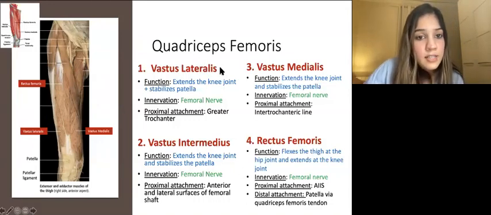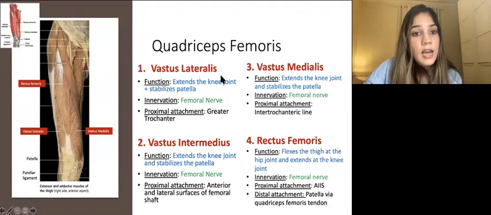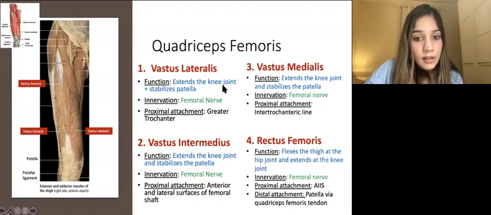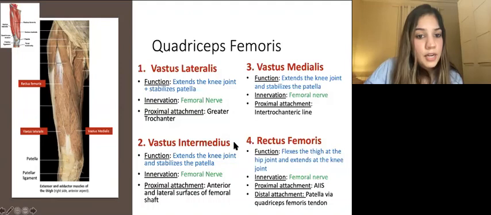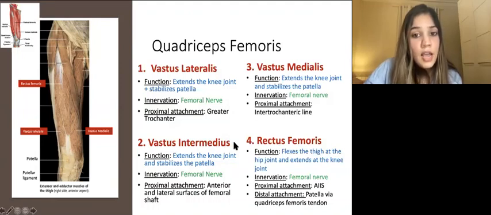The vastus lateralis extends the knee joint and functions to stabilize the patella. Vastus medialis extends the knee joint and stabilizes the patella, so they'll stabilize the patella. Vastus intermedius also extends the knee joint, and the rectus femoris flexes the thigh at the hip joint and extends at the knee joint, and they're all innervated by the femoral nerve.